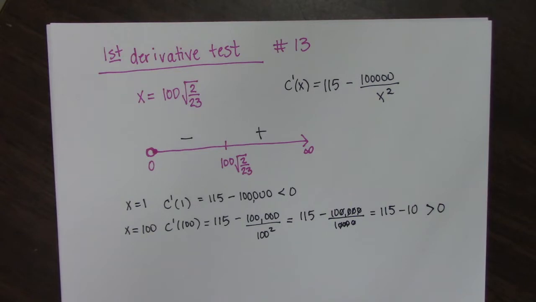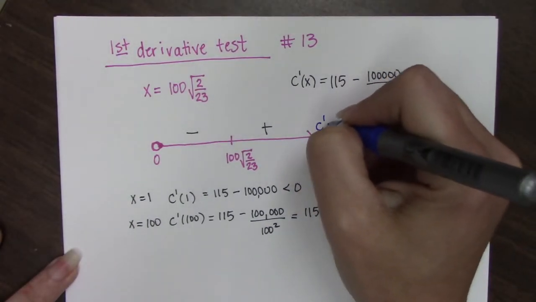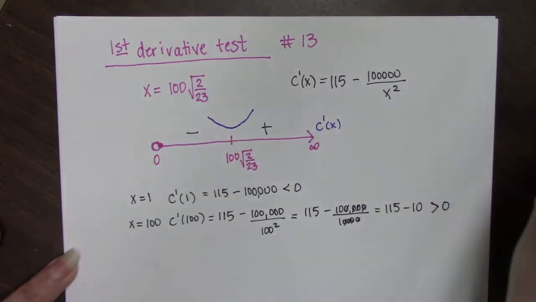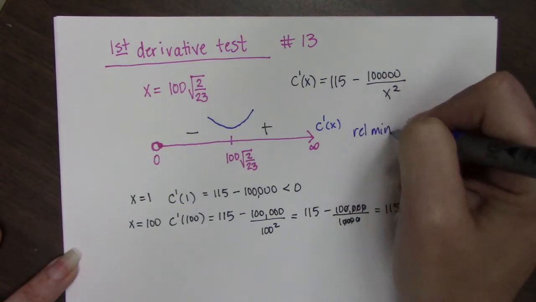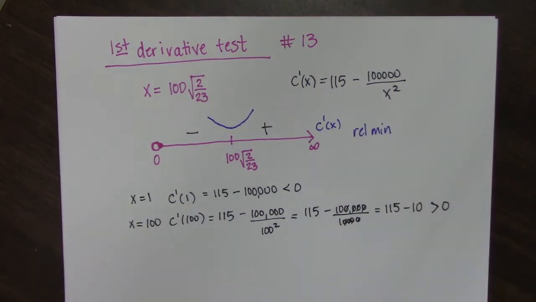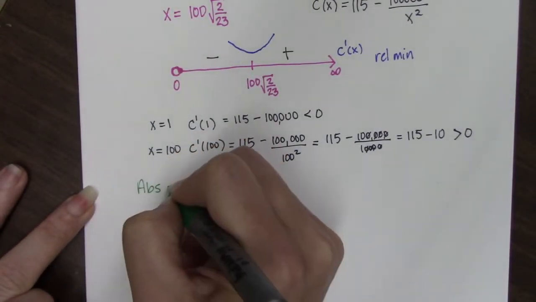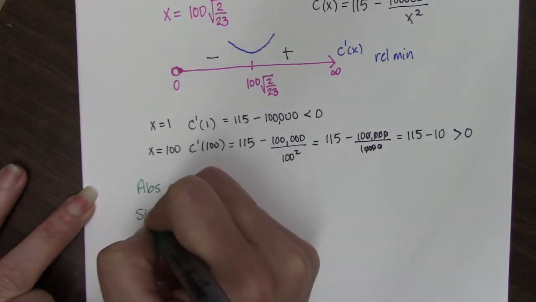So if we read this number line, and we want to make sure we label this as c prime of x, we can see that this function was going from decreasing to increasing. So this is a relative minimum. Once you've just stated that it's a relative minimum, you can then verify that it's an absolute minimum by making the same statement as before, right?